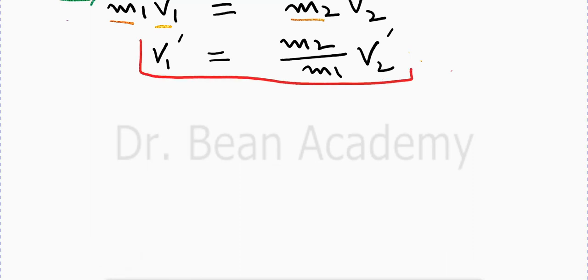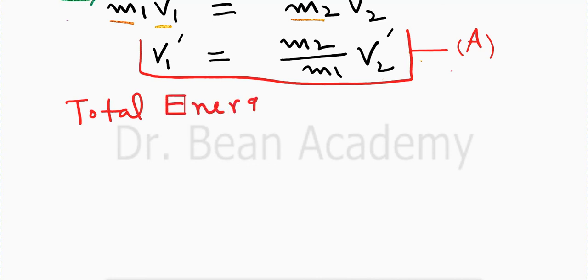Okay, so let's mark this equation as equation A, because just in case we need it, we can refer to its name. So the law of conservation of energy, what is that? The law of conservation of energy for an isolated or closed system says that the total energy of the system remains constant.